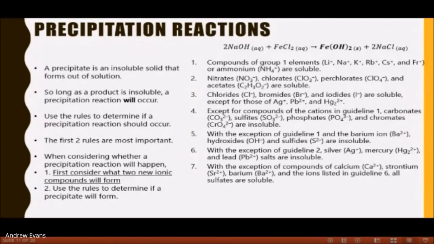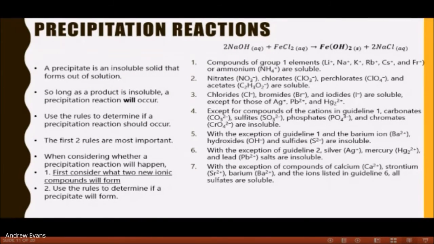But the first step when predicting a precipitation reaction is to first write the double displacement products. If I tell you this is a double displacement reaction between sodium hydroxide and iron chloride, the first thing you're going to do is swap iron onto hydroxide and then sodium onto chloride. We balance that out, we write the products.